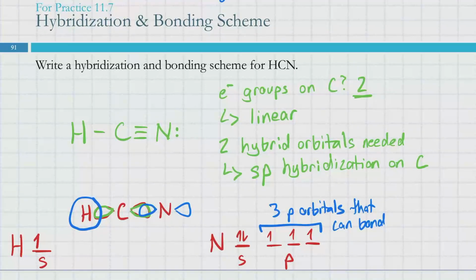So what can carbon use then to do the rest of the bonding? Do we have more p orbitals? We blended one of them, so we still have 2 unhybridized p orbitals. So that's what carbon's going to be using.